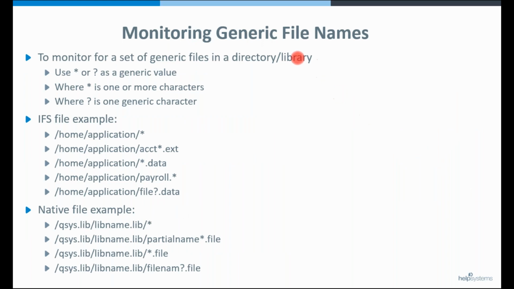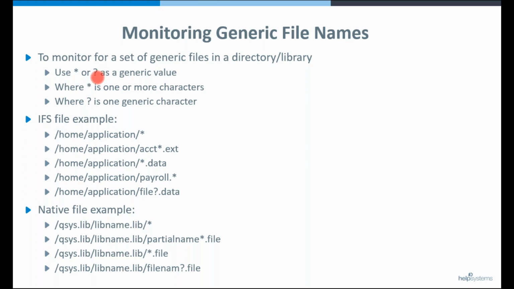All right. Along with that functionality, you can monitor for generic file names. So you can use the asterisk or the question mark as a generic value. So if you have a file that's called ABC and then maybe has the date on the end, you could use the asterisk to say anytime file ABC appears in this directory, then take action.